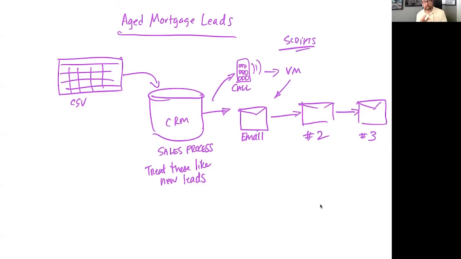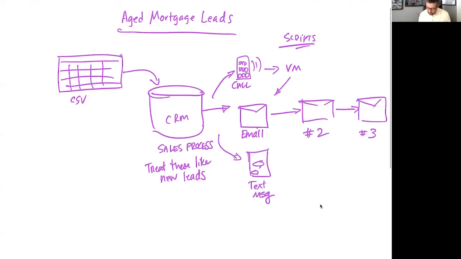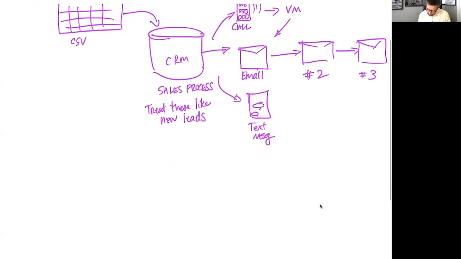And then depending on how your organization looks at things and what is good and kosher within your organization, the other thing that I would suggest is a text message. And so we do a text message. And all of these are going to have a very simple message, right?